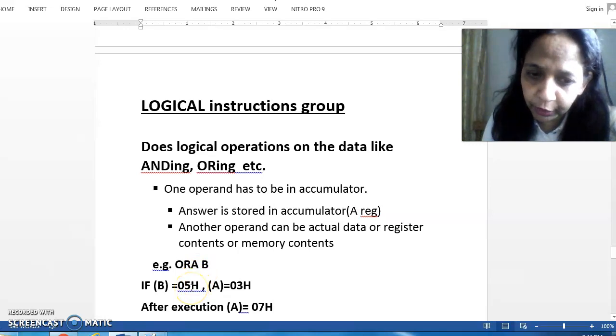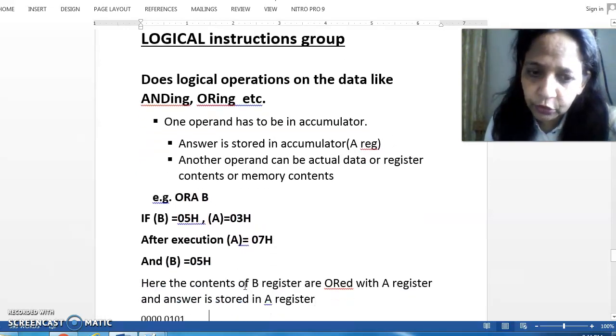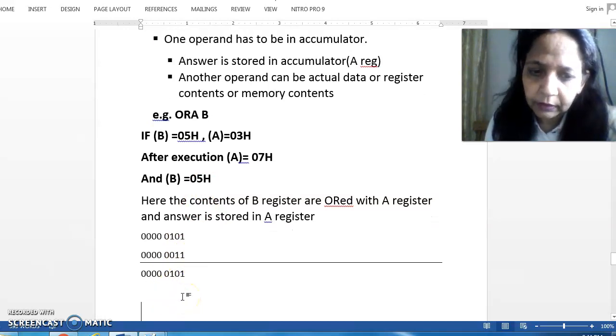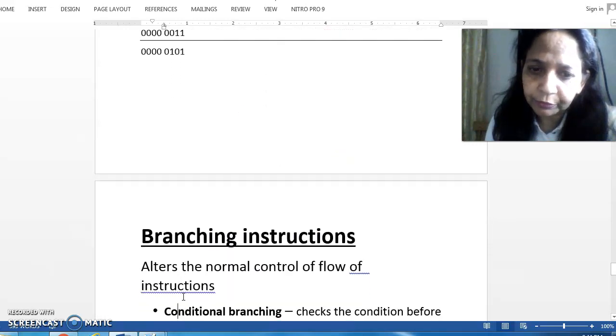So if B is 05 and the A register contains 03, then after execution 05 is ORed with 03, and the answer will be 07, that is 0000 0111. That is your logical instruction.